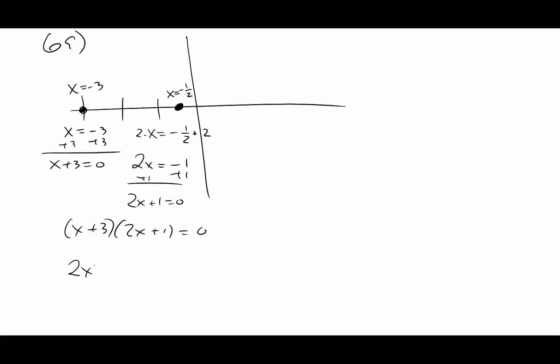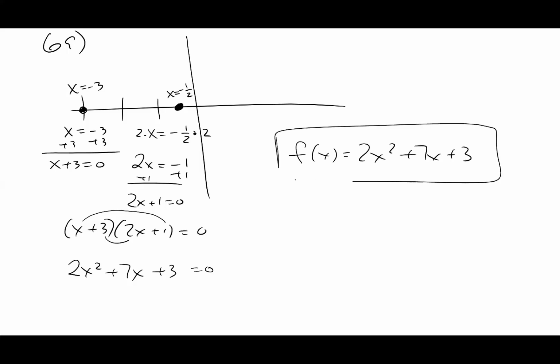So how about a 2x squared? Let's see what this is going to give us. 6x here and another one here, right? So can I put 7x right away? Guys, will that work? Plus 3. And now instead of making it equal to 0, what I'm going to say is there's my function, with a being 1. There's my upward graph.